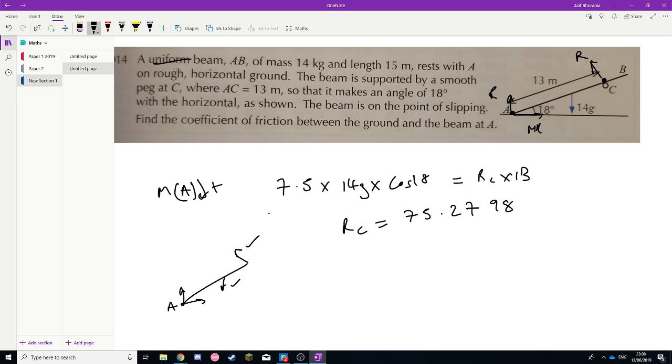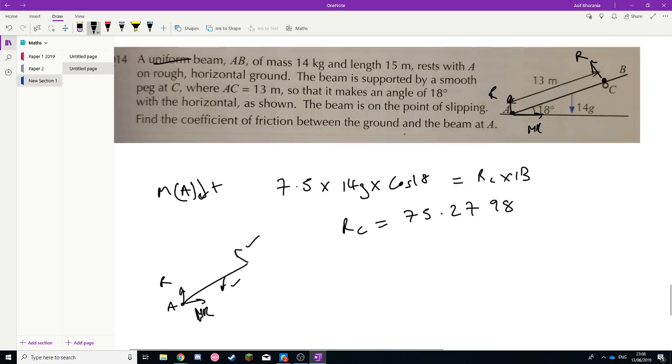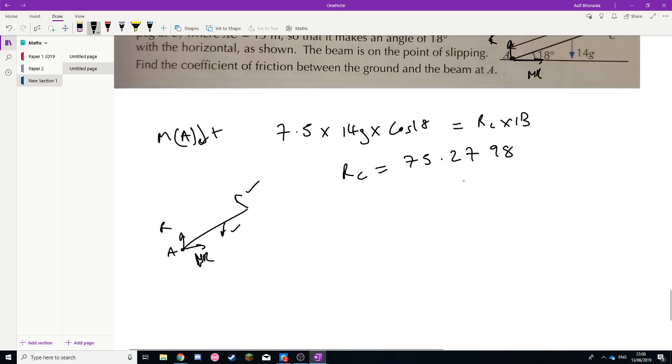Yeah, I can. I can resolve the resistance. I can do F equals ma vertically and horizontally to get the equations I need. So because this is mu R and mu R, what I'm going to do is say that if this is 18, this is 90, this is 18. Ah, crap.